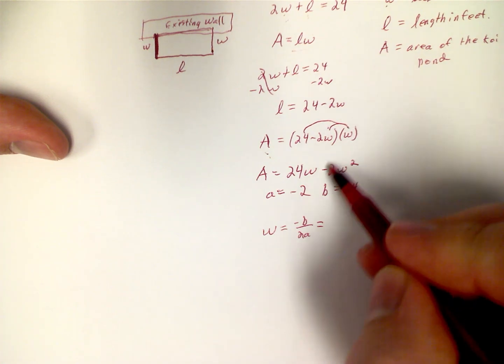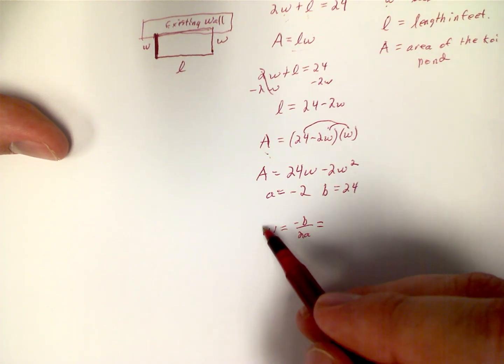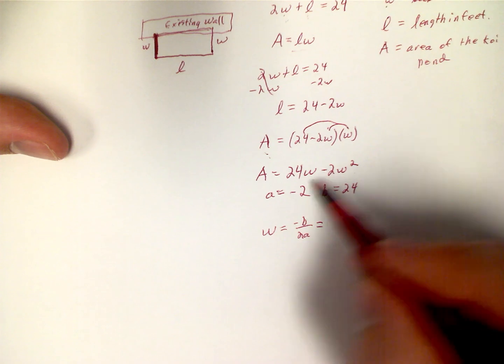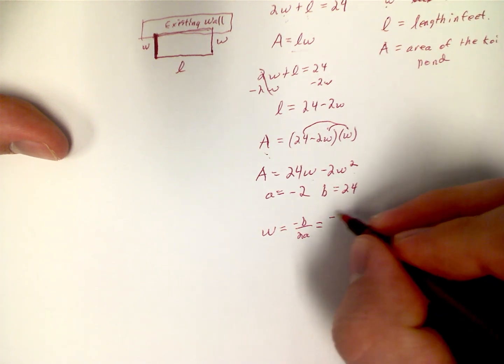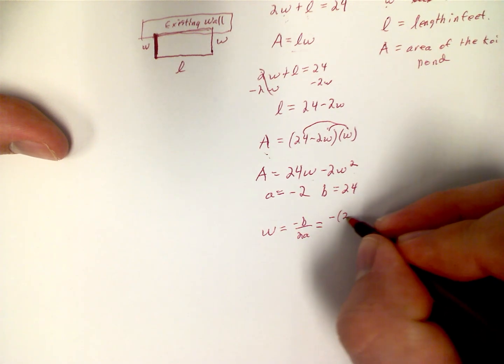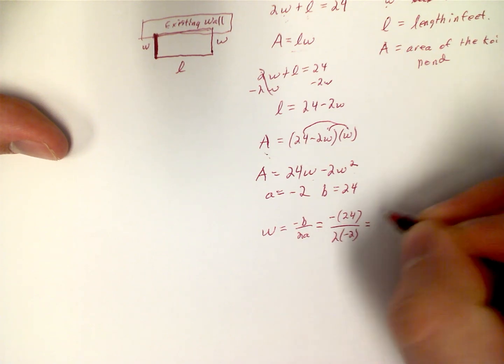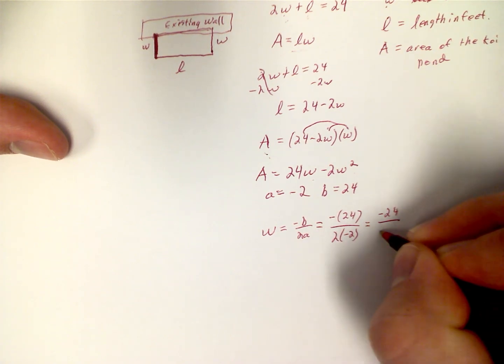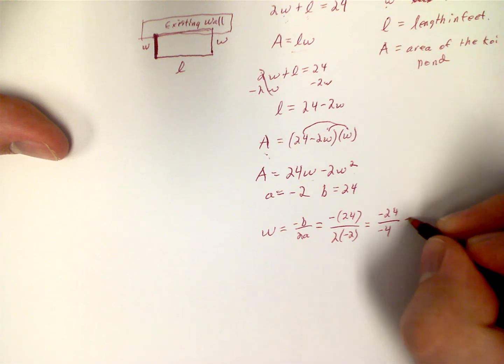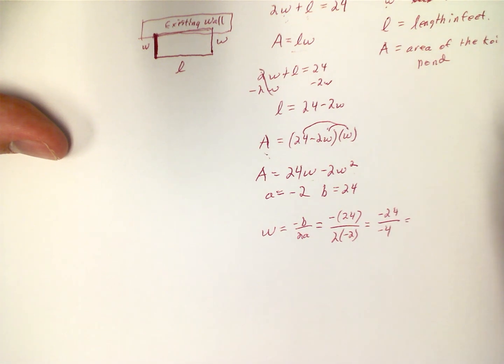When you're doing the vertex, it is always of whatever variable you're using. Negative B, which is 24, over 2A, and A is negative 2. So we have negative 24 over negative 4. And what does that equal? Well, that equals 6.